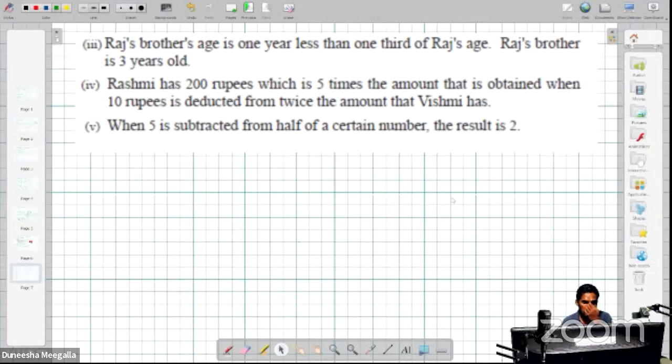Raj's brother's age is 1 year less than 1/3 of Raj's age.